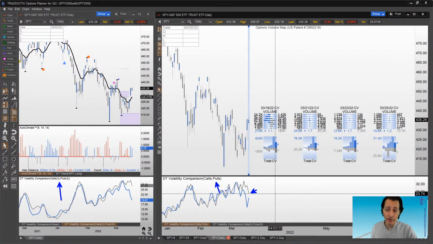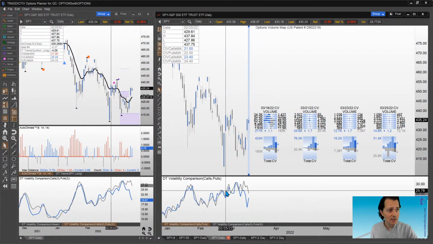So while the market is going higher, at least in the last 3 days, while the climate is showing a blue dot, even though it's not confirmed, options data is suggesting that there is a little bit of a bearish component kicking in, and it's to be respected. We've seen it before, and we better respect it, that often options data leads candlestick or bar data on the charts to react to it.